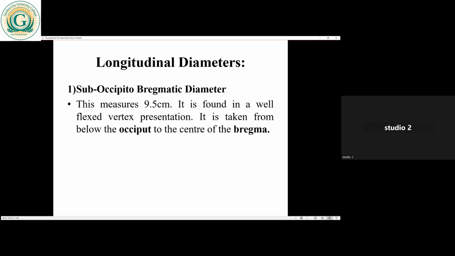When you hear bregma in the fetal skull, we are referring to the anterior fontanelle. This diameter starts from below the occiput to the center of the bregma, that's 9.5 cm. It is found in the well-flexed vertex presentation.